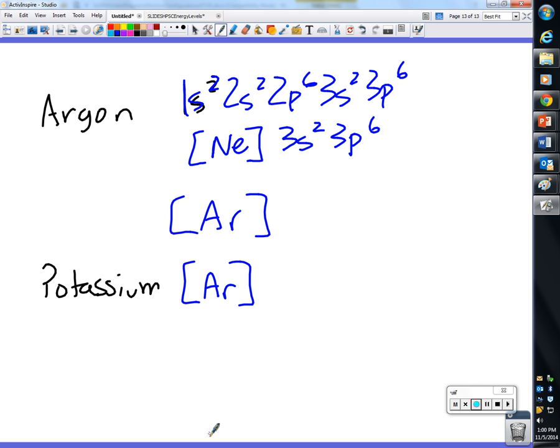Now, last thing we talked about this on Monday. These are 3p. Argon has 3p already full. But if you go up the chart, even though there are 3d orbitals, is that the next one that you hit on the chart? No. So this would then be 4s1.